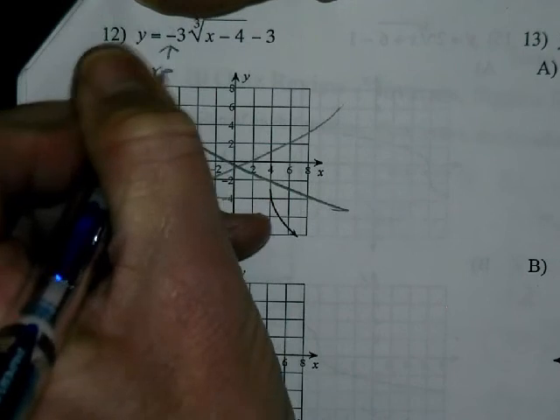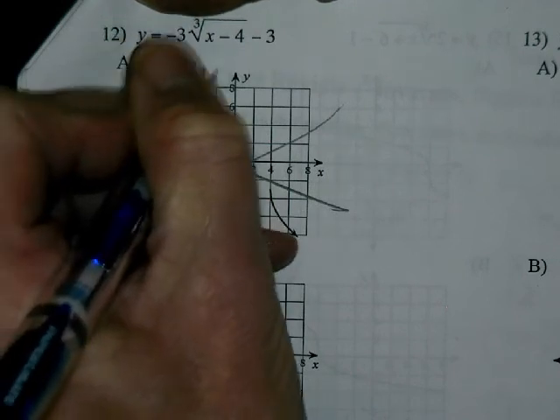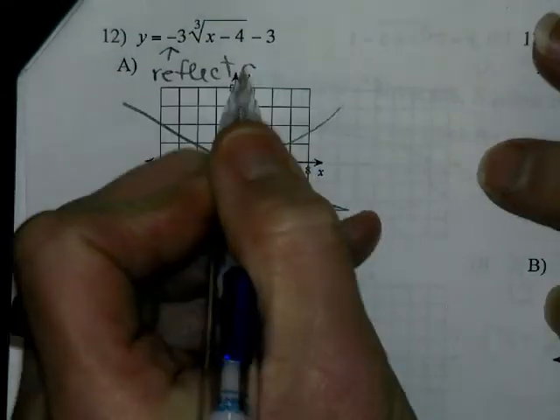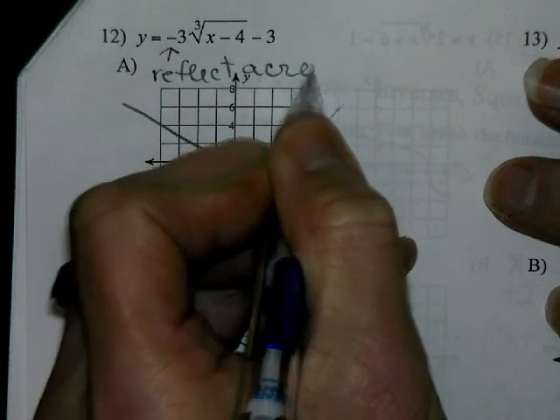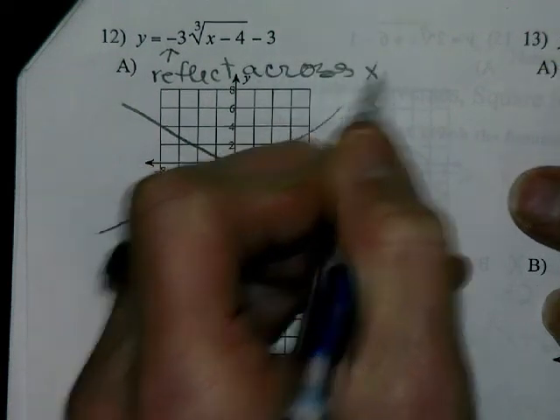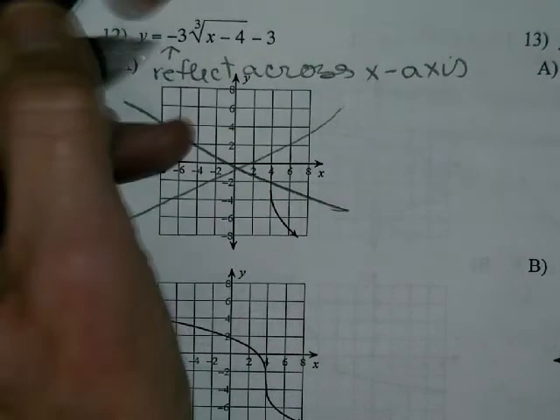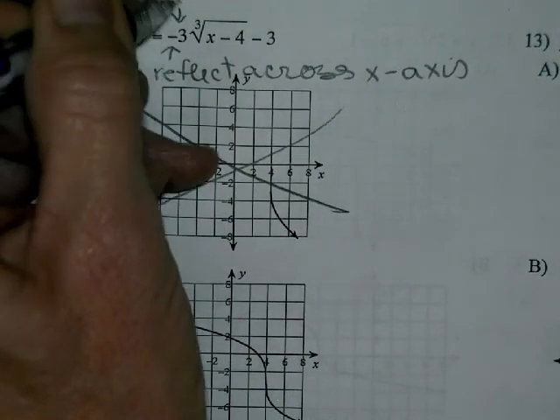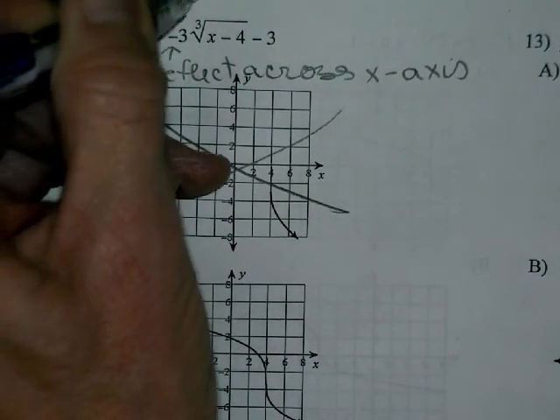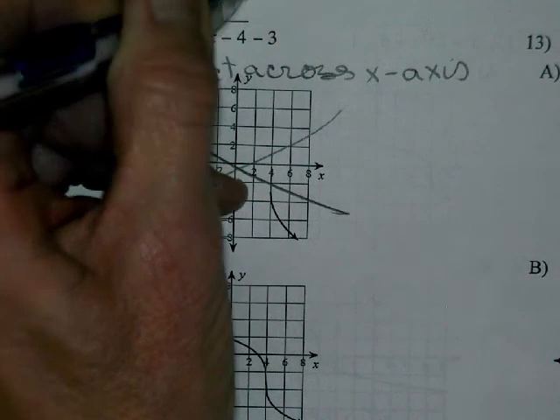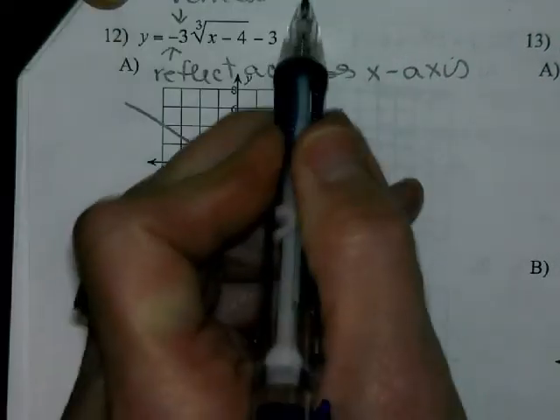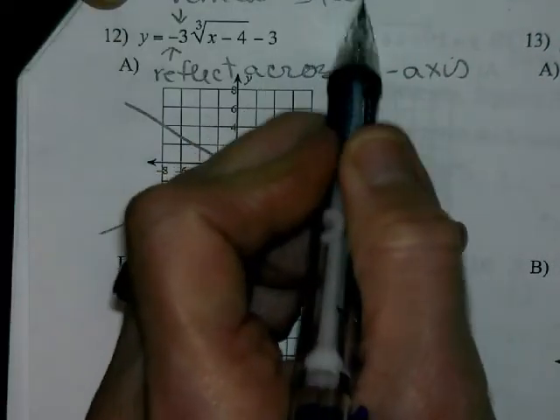Mix the square root function, please and thank you. Read your equation. This is reflect across the x-axis. That's the negative part.